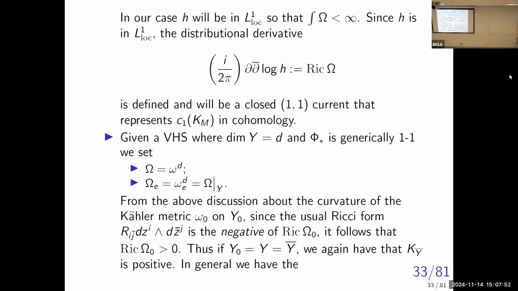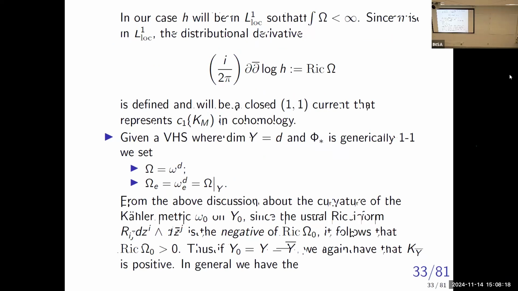So in the case of the volume form, this coefficient function will be integrable, so you have finite volume. And since it's integrable, you can take its derivative as a distribution. And the Ricci form is, by definition, i over 2 pi times dd bar log of h. That's the Ricci form.